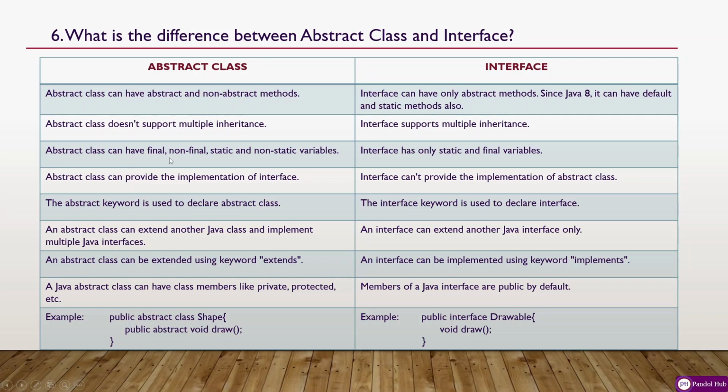Since this is an abstract class, it includes abstract and non-abstract methods. The non-abstract methods can have any access scope like private, protected, etc. Whereas an interface, we already know, is a pure abstract class kind of thing, having only abstract methods.